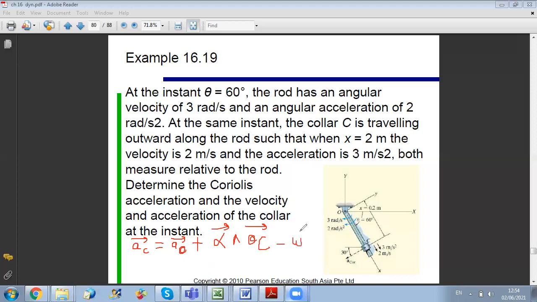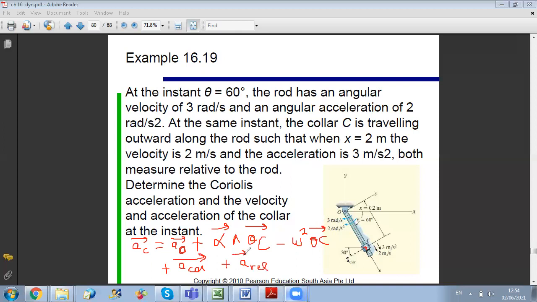Until now, this term represents the acceleration of the point on the rod on which C is at this instant. Now, to take into effect the relative motion of the collar, I should add two terms: Coriolis, which is calculated now, 2 omega vectorial V relative, plus A relative, the relative acceleration of the collar relative to the rod.